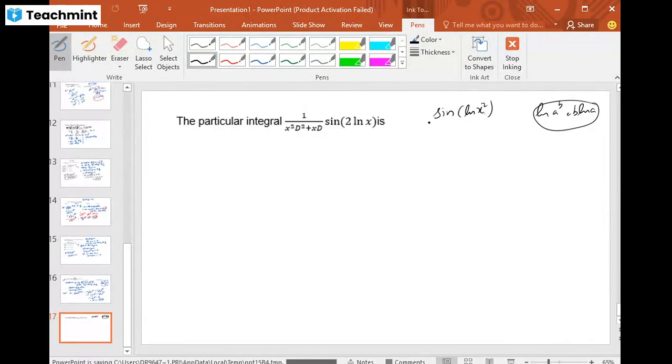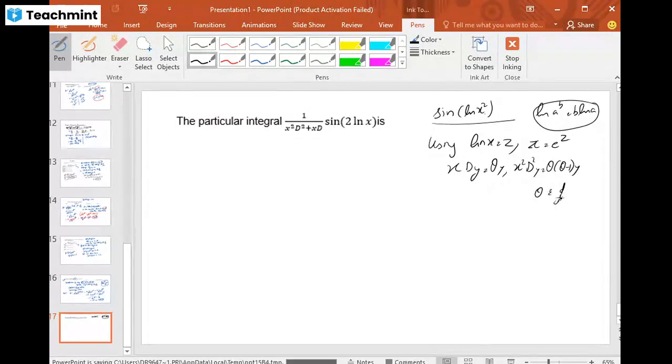So we use the transformation log of x equal to z or x equal to e power z, x dy equal to theta y, x square d square y is equal to theta into theta minus 1 into y. What is theta? D by dz.